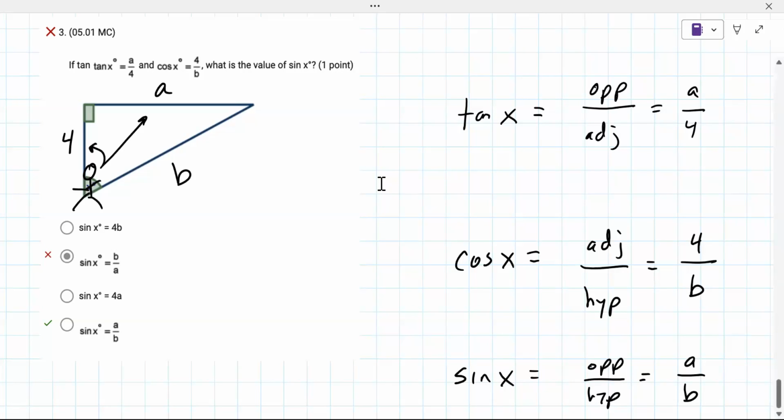Okay. One second. Let me scrap the next one. This one.